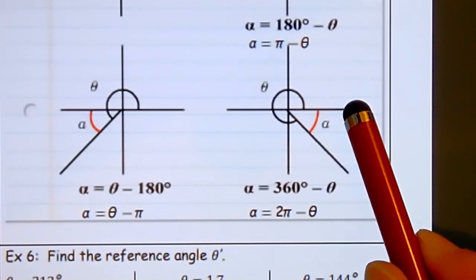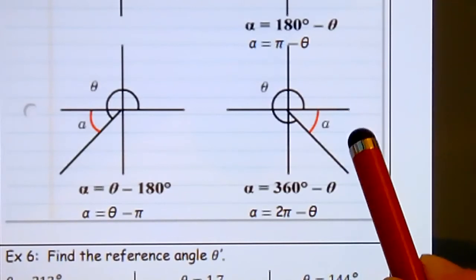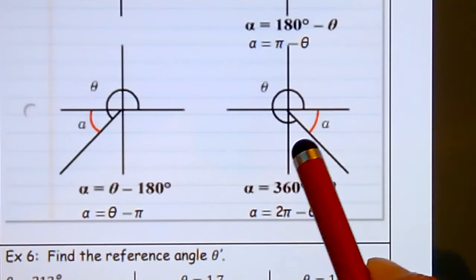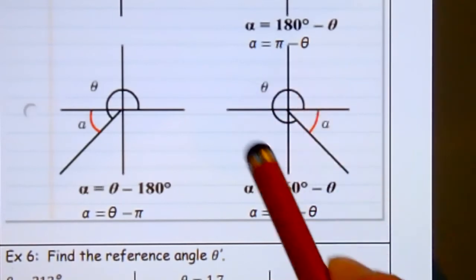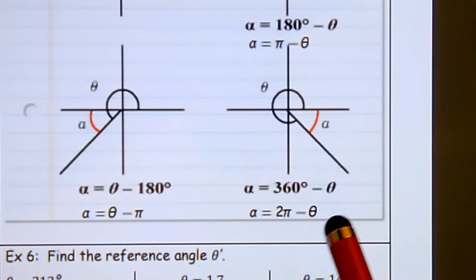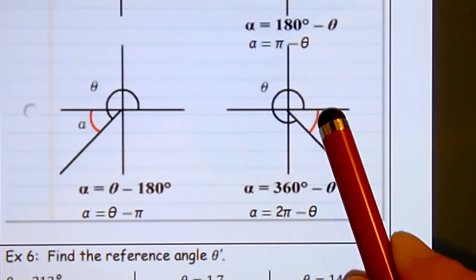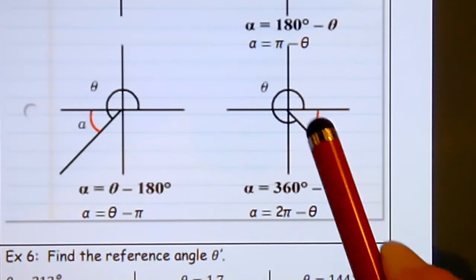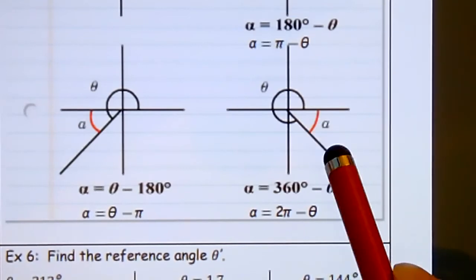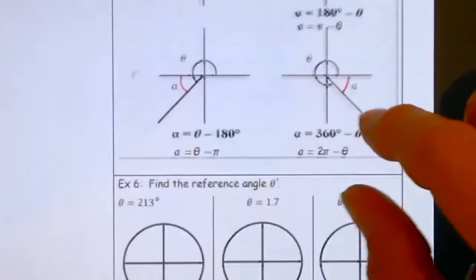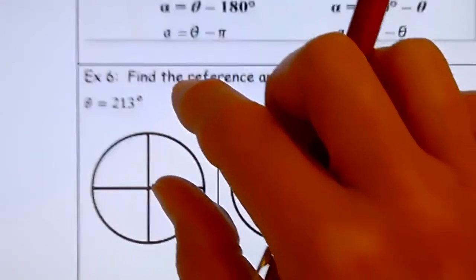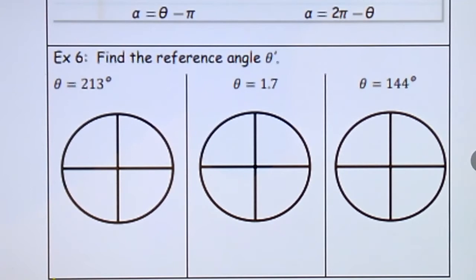So if this is 360, take 360 minus this angle, and that's going to be this distance. Or take 2 pi minus this angle, and that's going to be this distance. So it's always the distance from that terminal side to your x-axis. That's your reference angles.